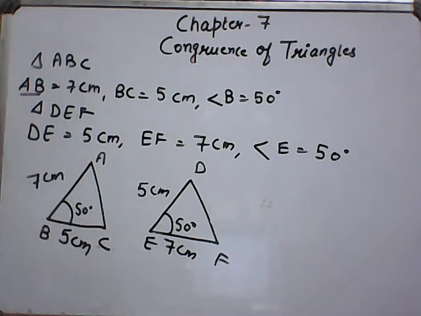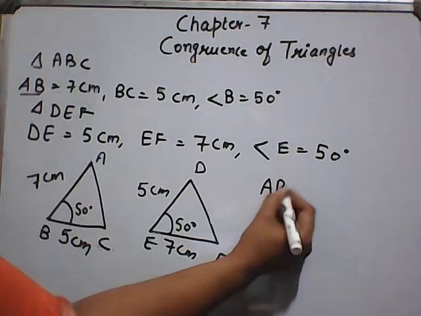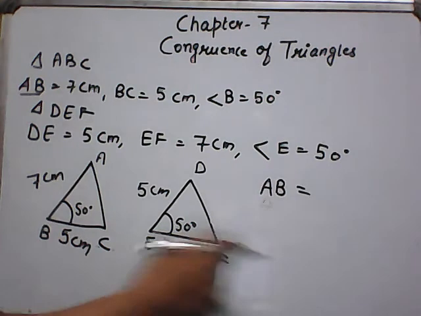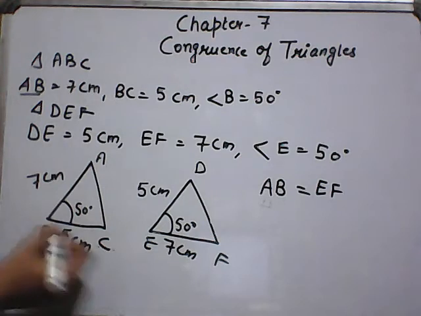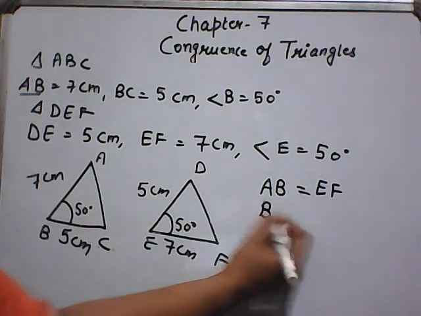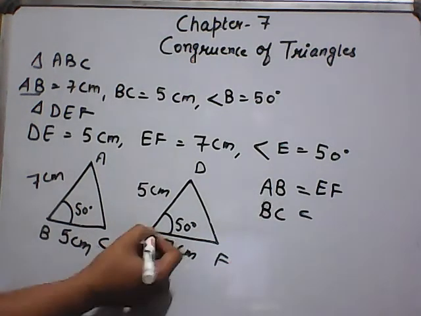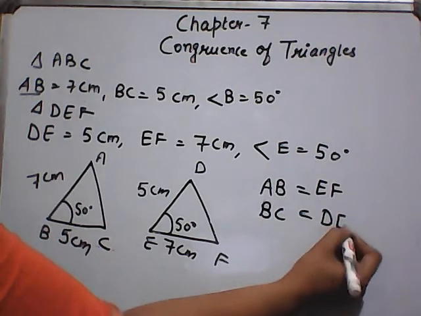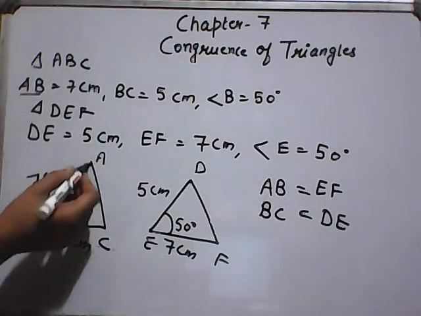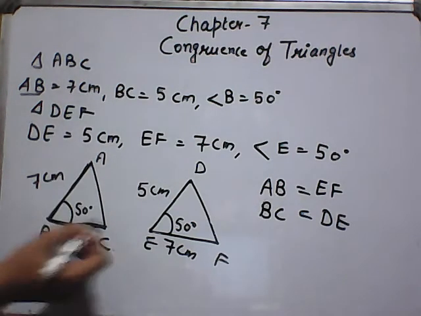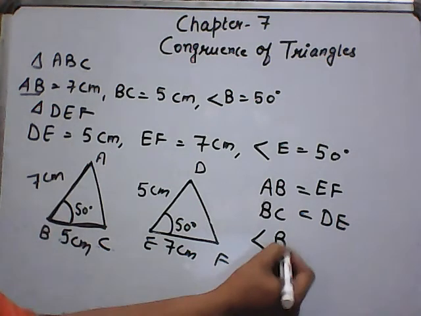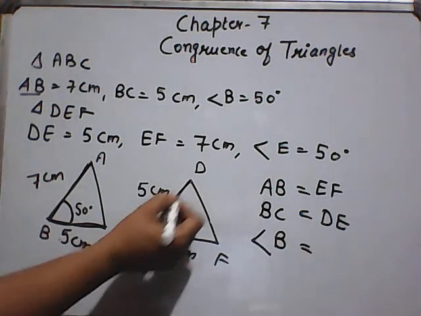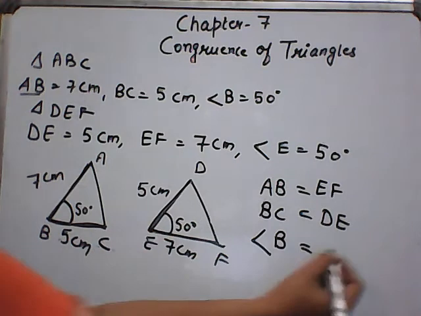Now side AB is equal to side EF and side BC is equal to side DE, and the angle between these two sides of one triangle is equal to the angle between these two sides of another triangle.